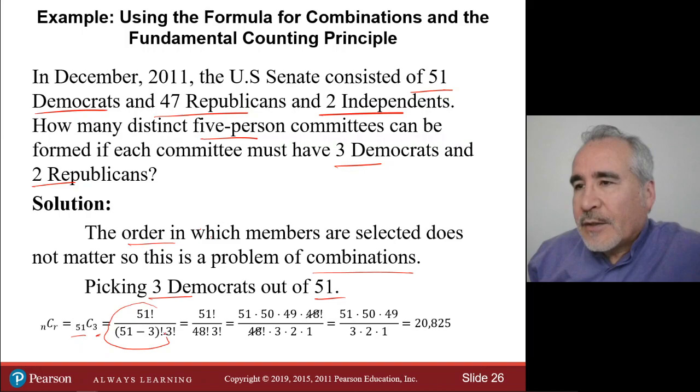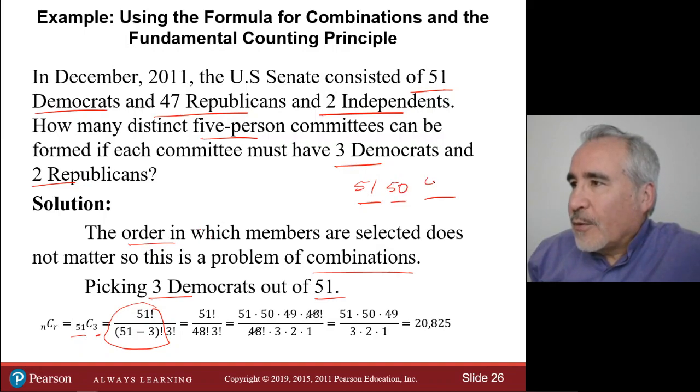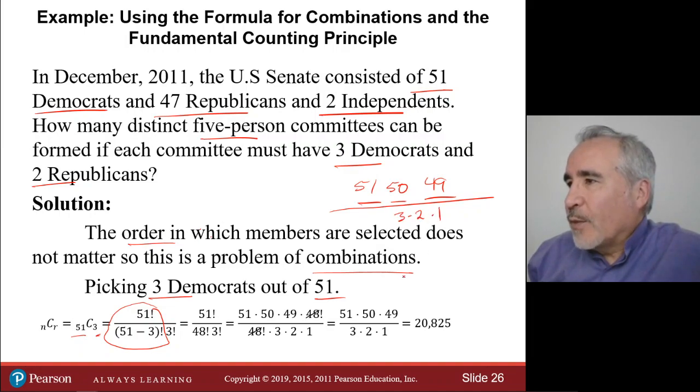Remember, this part here is the permutation. So I might have gone 1, 2, 3. Okay, we get 51, 50, 49. So that's a permutation. Since order doesn't matter, we're going to divide by 3 factorial, which is 3 times 2 times 1.